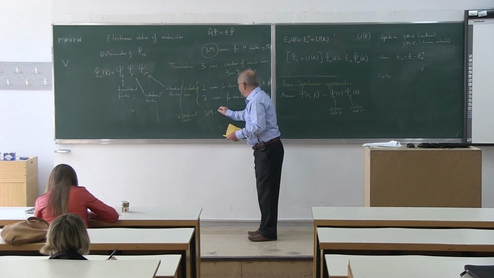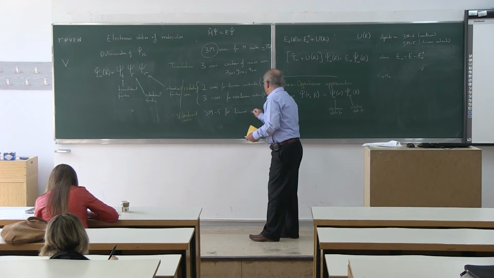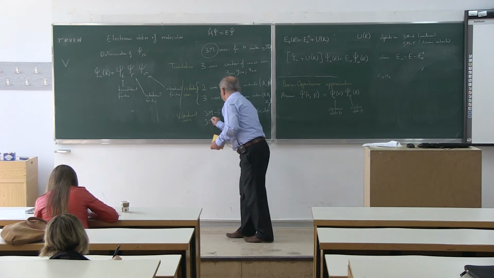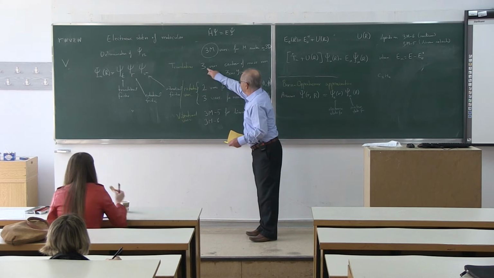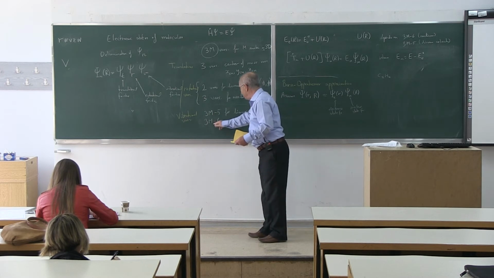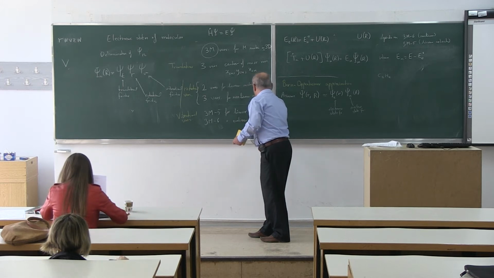3 plus 2 is 5. So this is for linear molecules. On the other hand, it is 3 times m minus 6, 3 plus 3. We are subtracting. The remaining number of variables is 3 times m minus 6 for non-linear molecules.